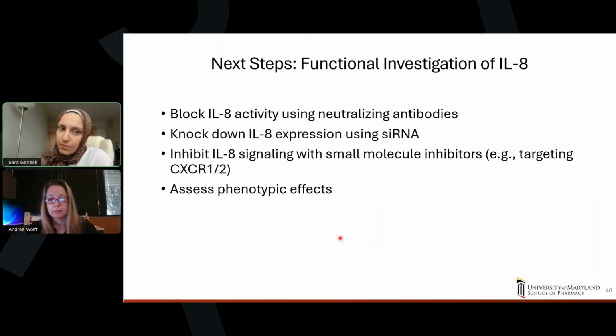And for that, I've included some next steps in testing interleukin-8, where we might use anti-interleukin-8 antibody to block its activity, or also small molecule inhibitors to block interleukin-8 receptors. And finally, we can use interleukin-8 siRNA to knock down its gene expression, and also assess phenotypic effects at the end.